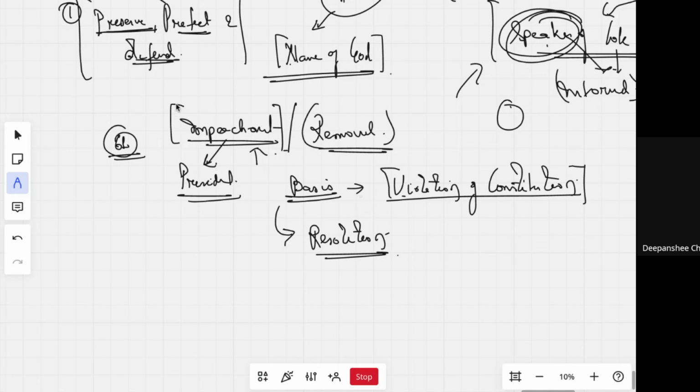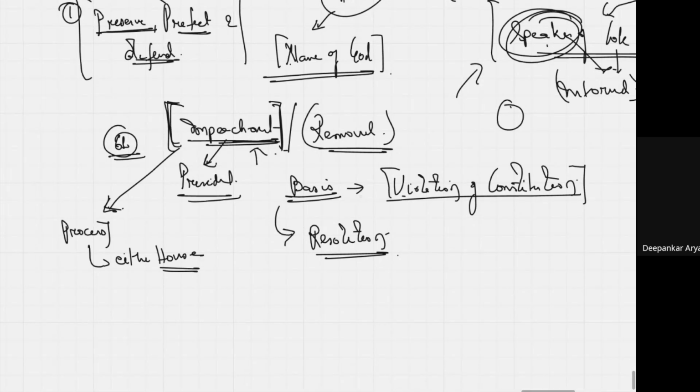Can the impeachment process start in either house, or only the upper house, or only the lower house? Sir, either house. The process can start in either house. So it's not that only the Rajya Sabha or only the Lok Sabha.